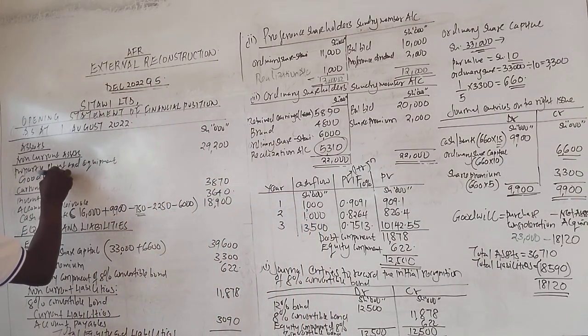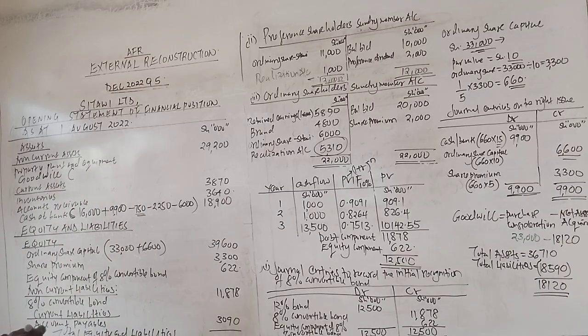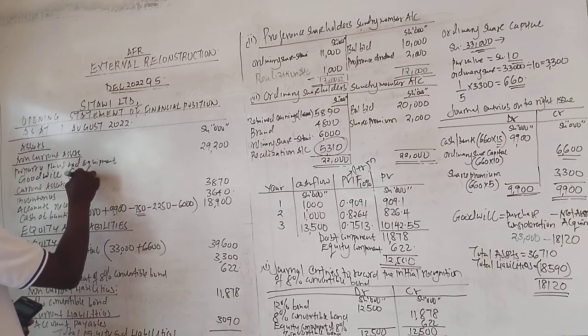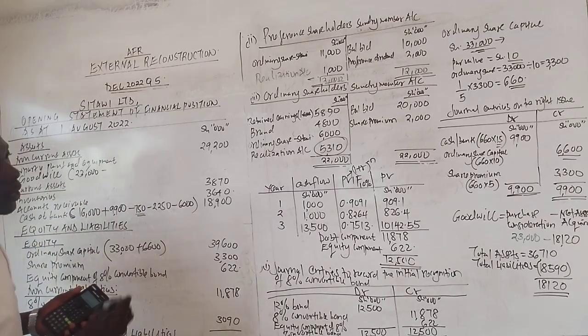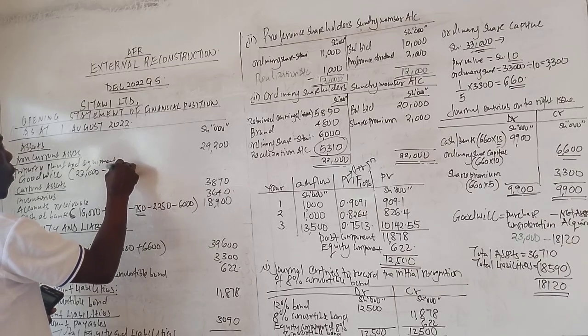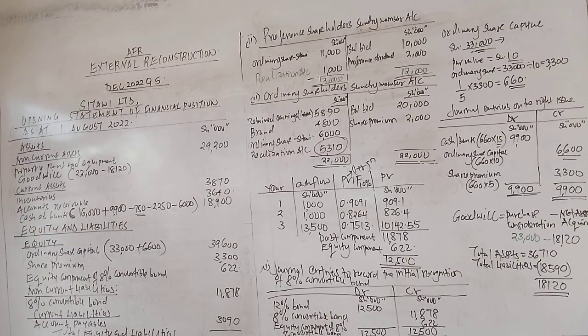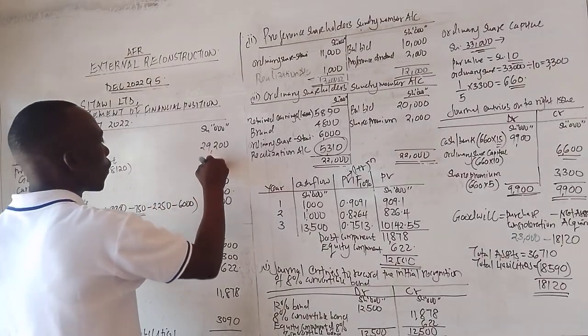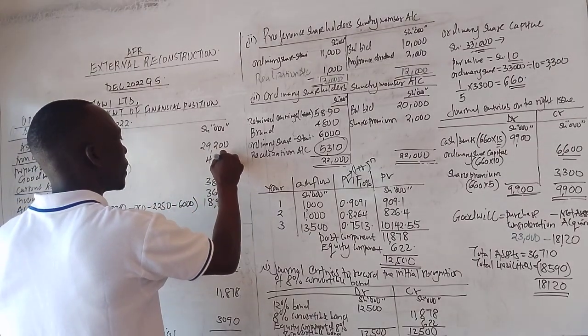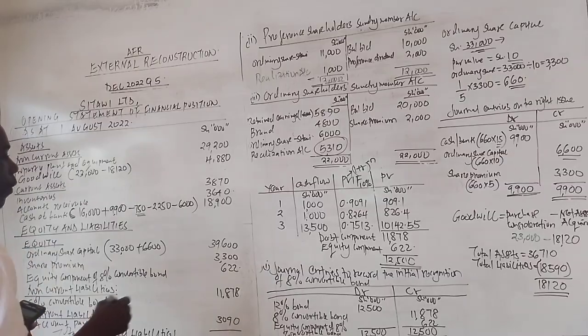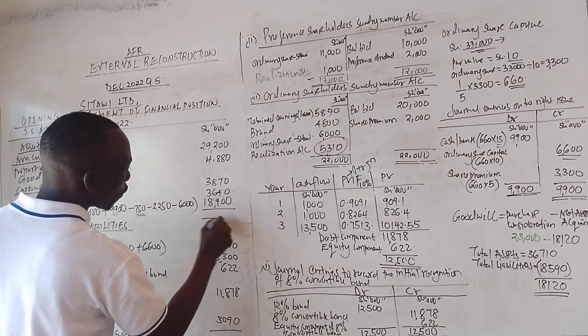Let us get the goodwill. Our goodwill will be given by 23,000 minus 18,120, and we are getting 4,880. Then from there we will get the total.